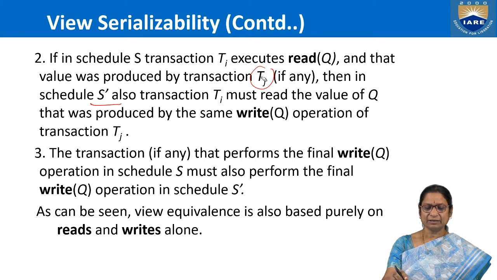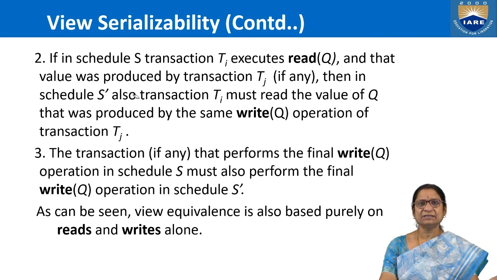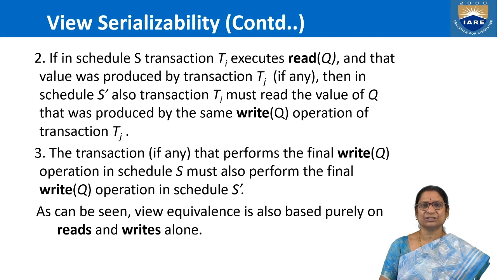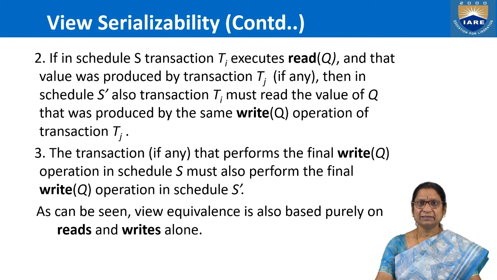The first one is initial value reading. The second one is that when any transaction reads a data item produced by another transaction, this must be satisfied in both schedules. The third one is the transaction that performs the final write Q operation in schedule S, then Tj should also perform the final write Q operation in schedule S dash.